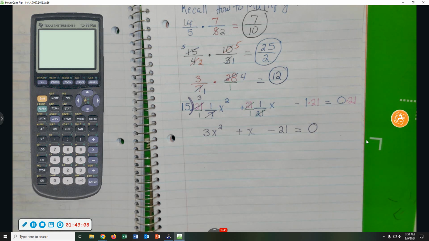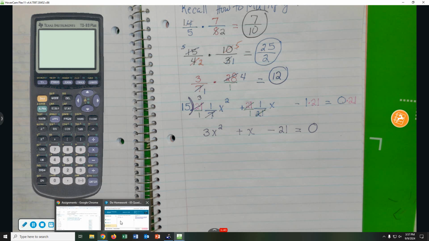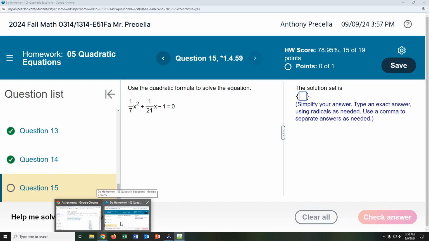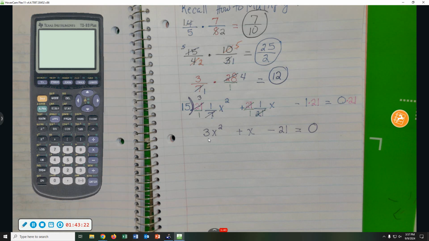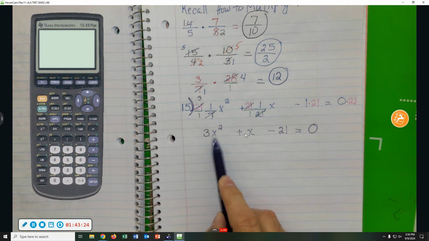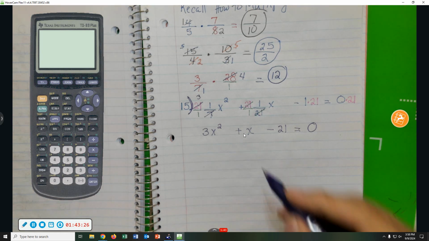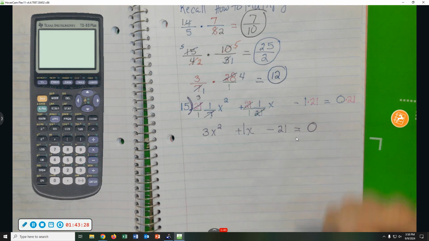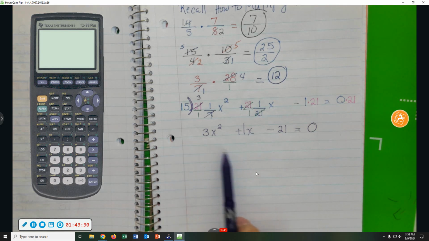Now, which one looks easier to solve? Number 15, for A is 1 over 7, B is 1 over 21, C is negative 1. Or A is 3, B is 1, C is negative 21.